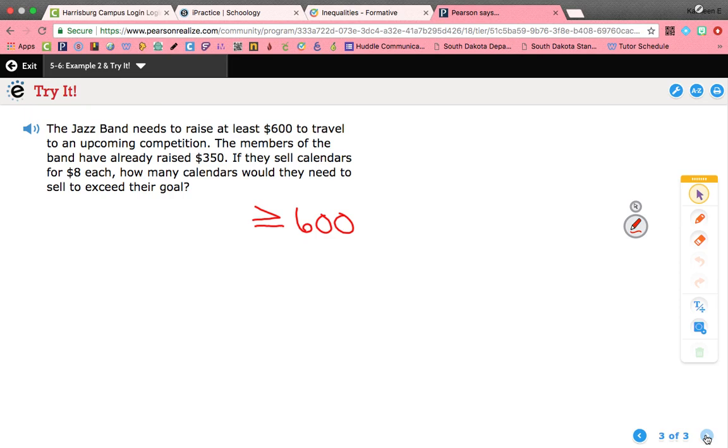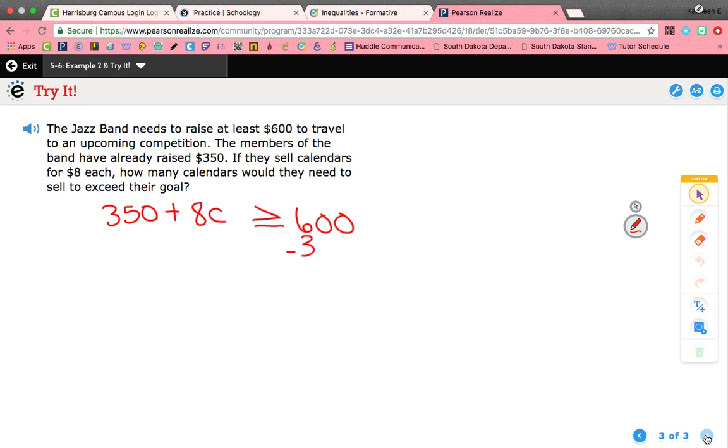To travel to an upcoming competition, the members of the band have already raised $350. So this is similar to the one we just did. If they sell calendars for $8 each, how many calendars would they need to sell to exceed their goal?